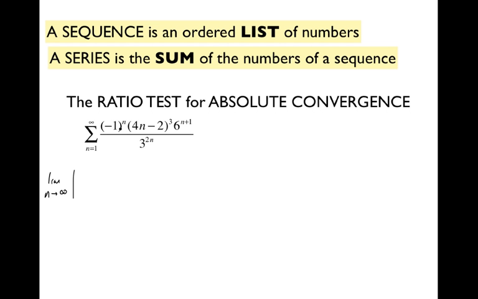But with negative 1 to the n, inside the absolute value it won't make a difference. So we have 4 times n plus 1 minus 2, cubed, 6 to the n plus 2 over 3 times 2 n plus 1. That's a of n plus 1 without the negative 1 to the n plus 1 term.